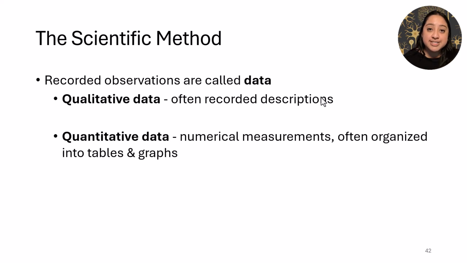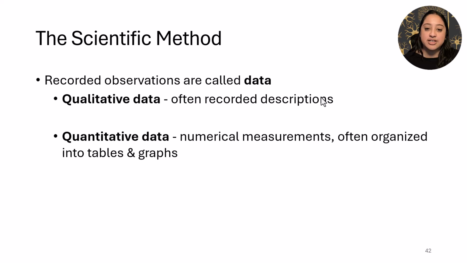When you're testing a hypothesis, you will do an experiment and record observations, and we call those recorded observations data. There's different kinds of data that you can record. Qualitative data describes a quality about something. They're often recorded descriptions. Versus quantitative data.